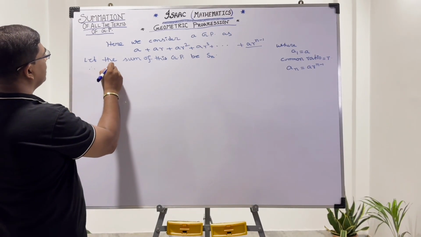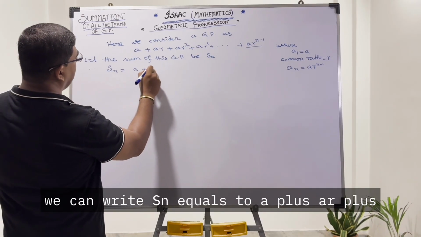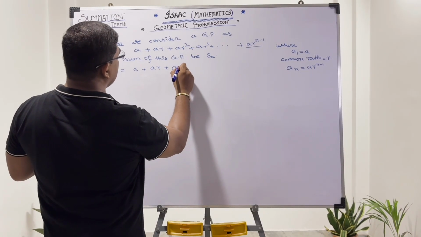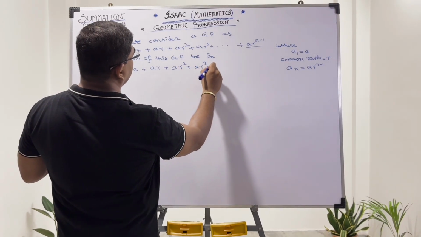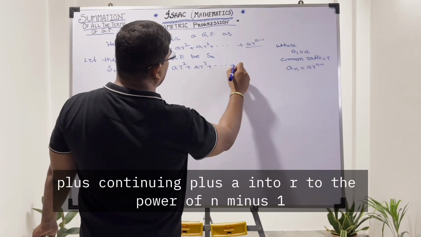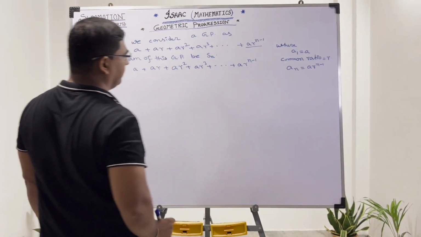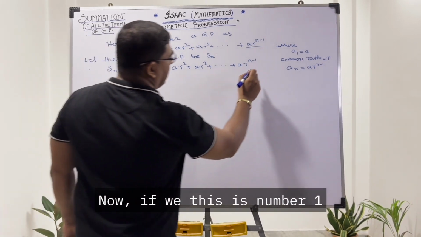So therefore we can write Sn equals A plus AR plus AR squared plus AR cube plus continuing plus A into R to the power n minus 1. This is number 1.